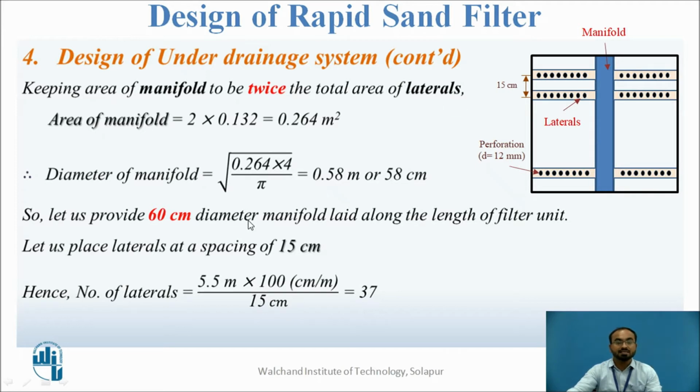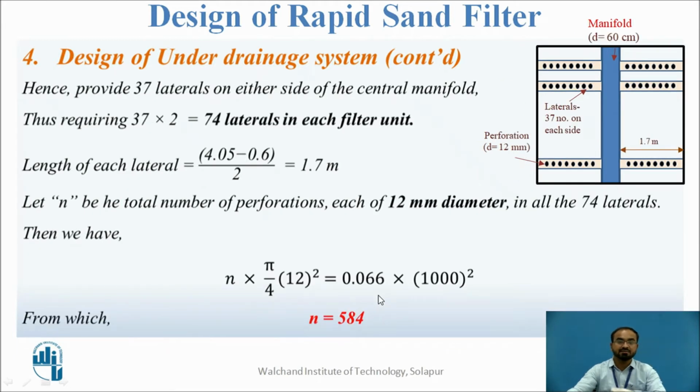Now I will assume the spacing of laterals to be 15 centimeter. So the number of laterals will be calculated as 5.5 meter, that is our breadth, multiplied by 100 to convert meter to centimeters, and divided by 15 centimeter, which we had assumed, which comes to about 37.